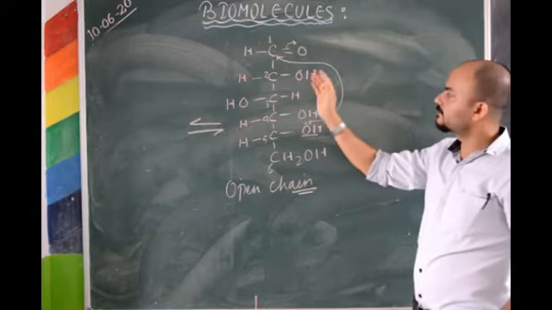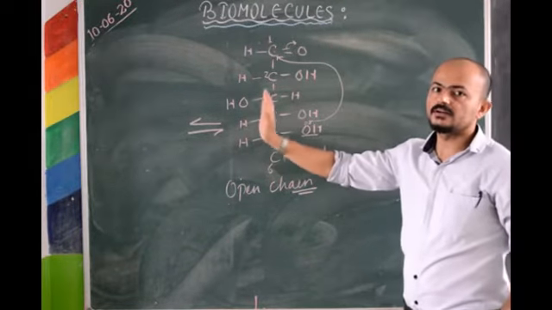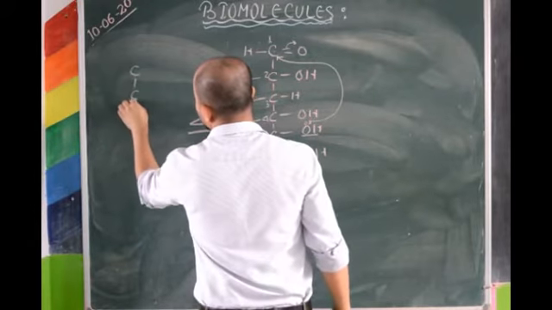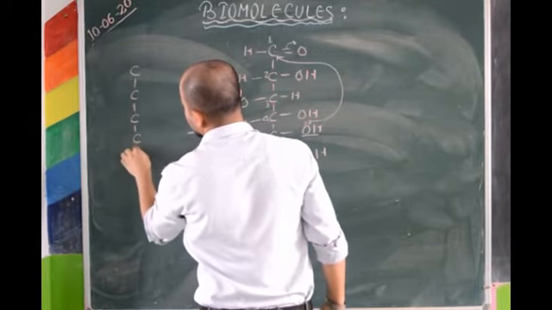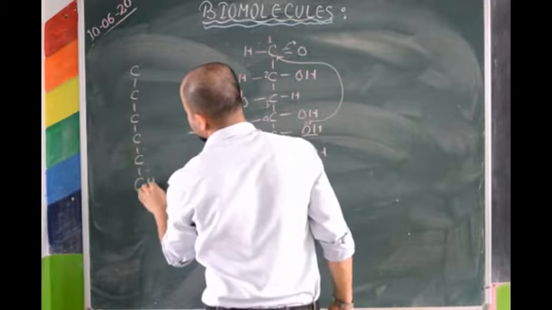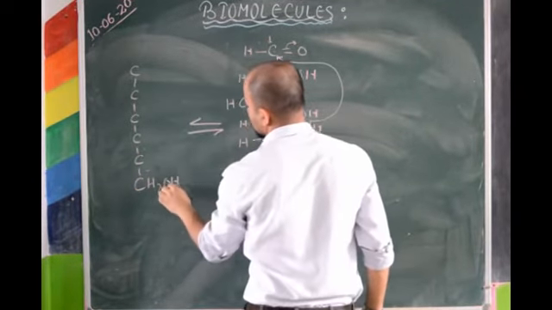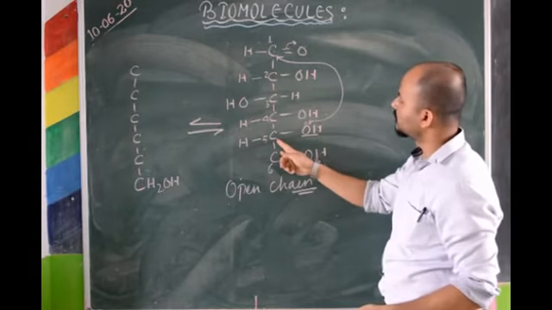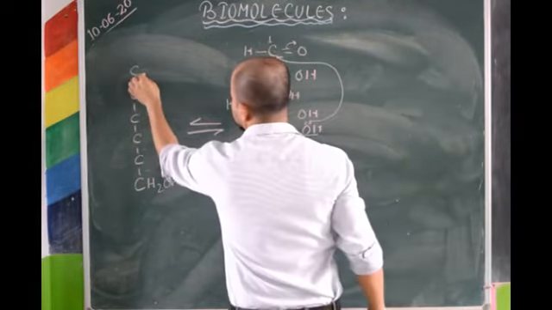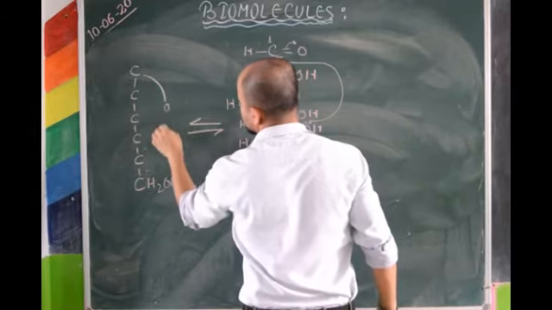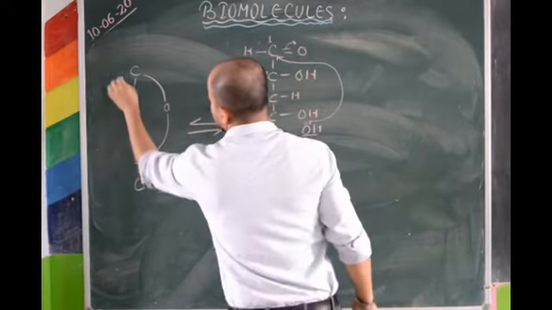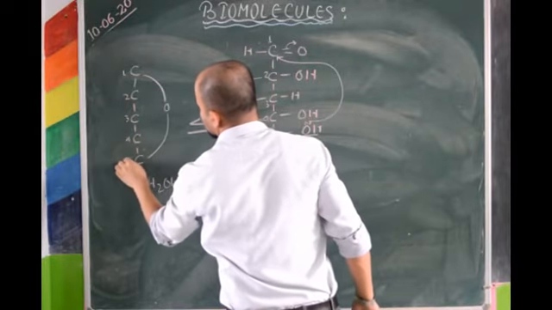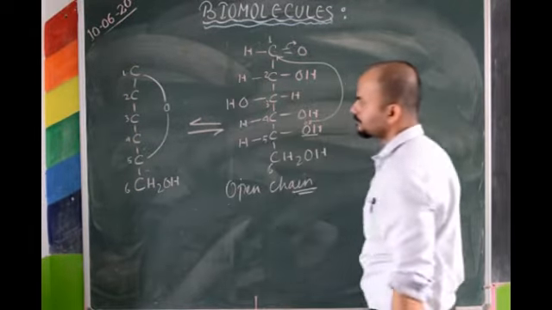Let me write its structure on the other side: carbon 1, 2, 3, 4, 5, 6, CH2OH. Our main focus is between carbon number 1 and carbon number 5, where the oxygen forms the bond.